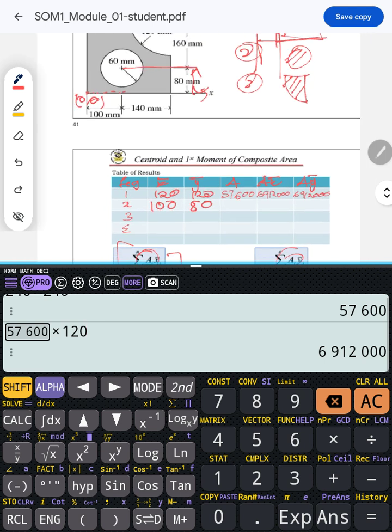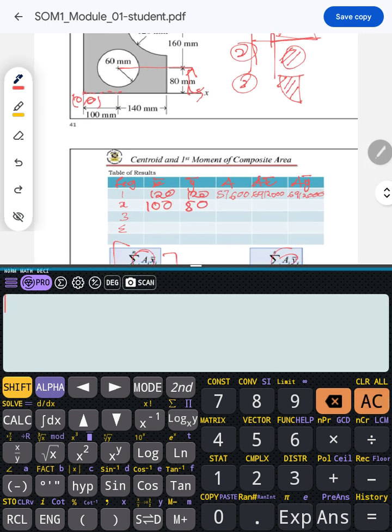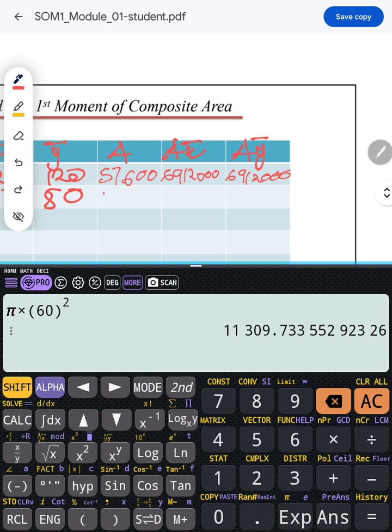So now we need the area, right? Area is what? It's a circle, pi r squared. So pi times r. R is what? 60, and then square, right? What do we get? 11309.73, right?